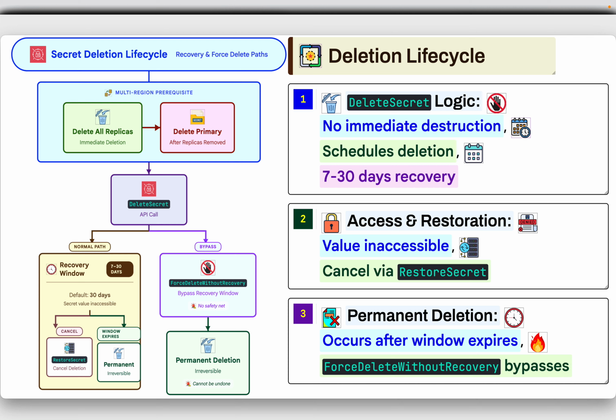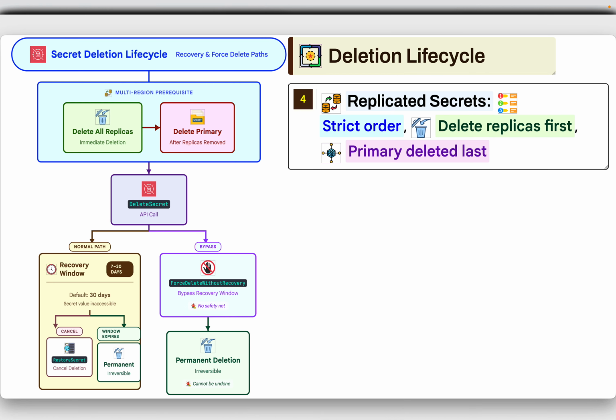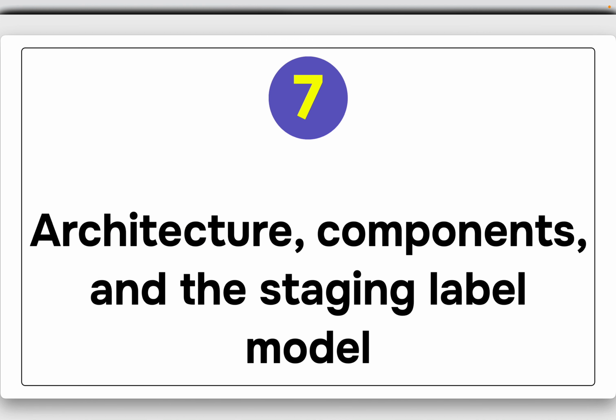Permanent deletion occurs after the recovery window expires. You can also use force delete without recovery to bypass the recovery window and delete immediately with no safety net. For replicated secrets, there is a strict order. You must delete all replicas first, and the primary secret is deleted last.